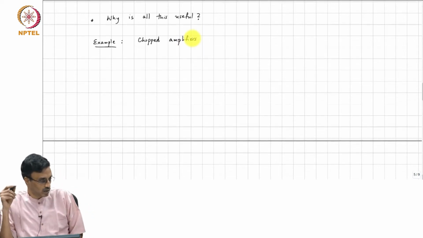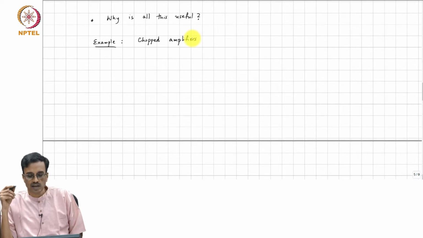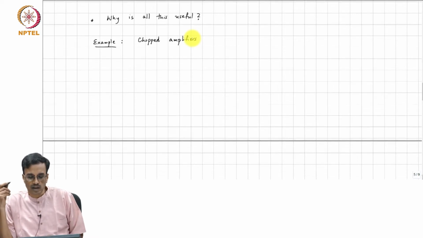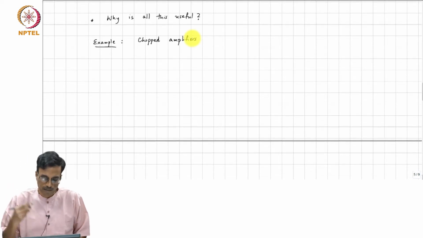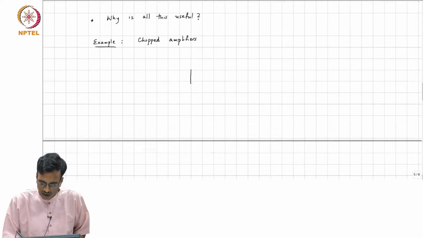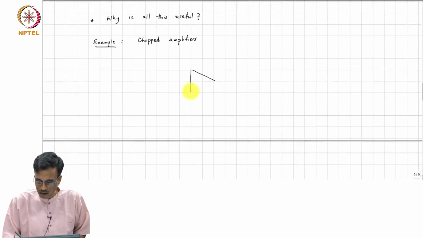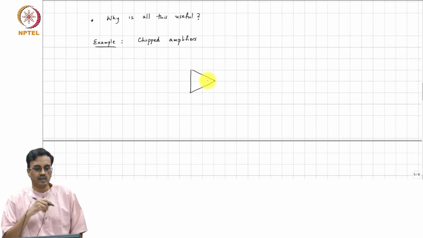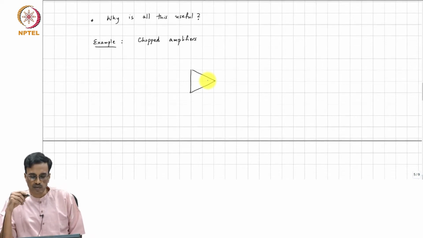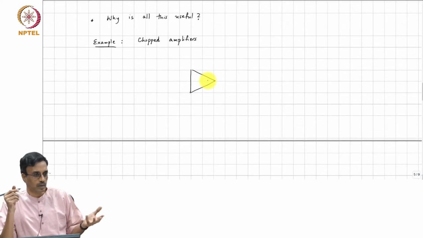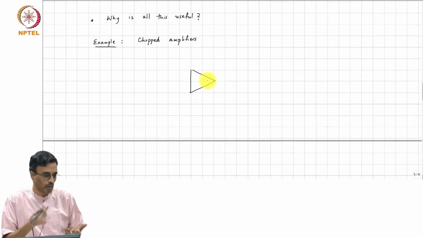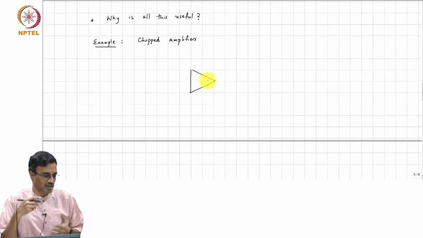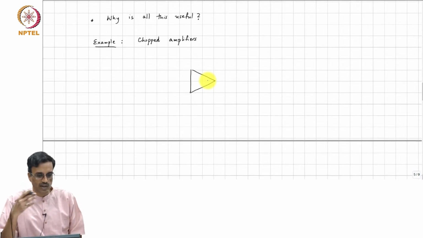Before I get into the actual details, let me explain why chopping is needed in the first place. There are a lot of applications where the signals that are processed or amplified are very low frequency signals. Examples are signals acquired from the human body, like ECG, which are very slowly varying.